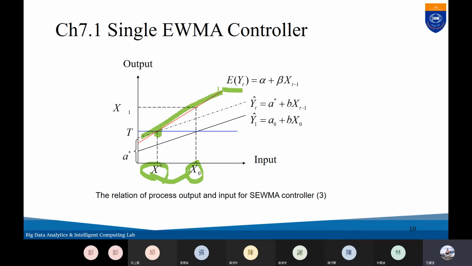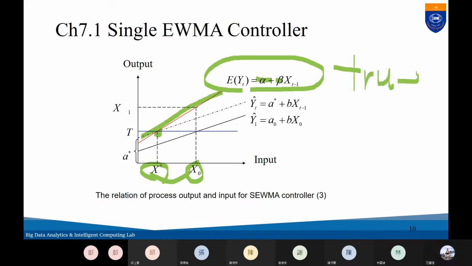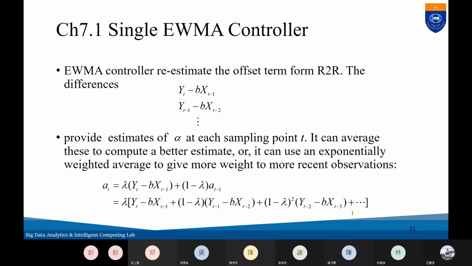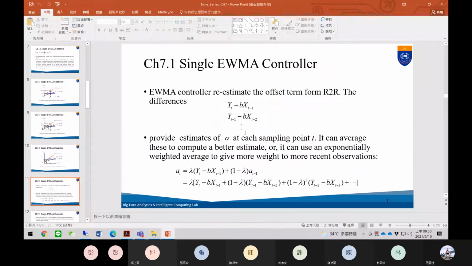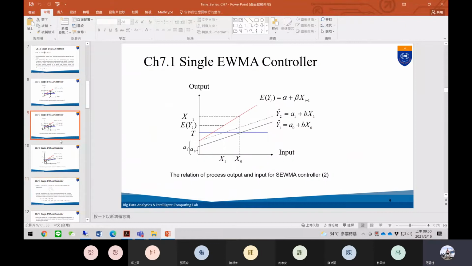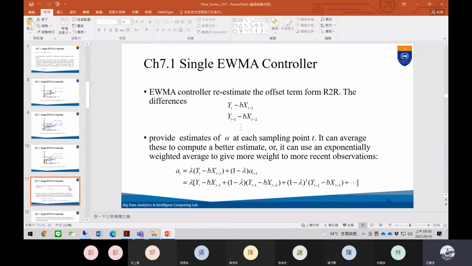The true response is respectively YT, alpha, and beta. This is the true response. Then we have this illustration.